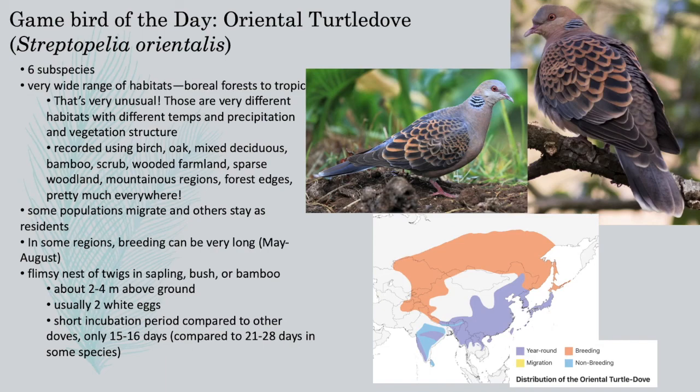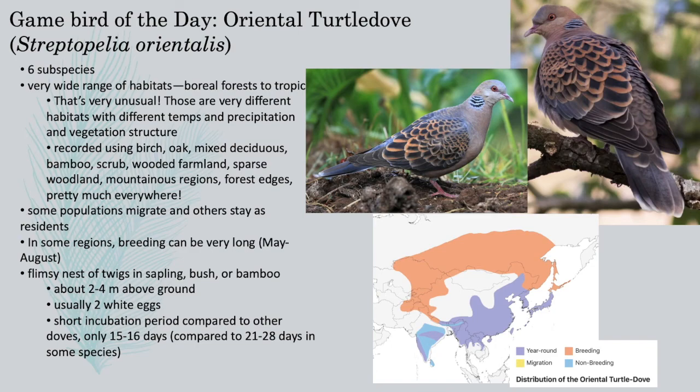They've been recorded using everything from birch trees to oak to mixed deciduous, bamboo, scrub habitats, which is sort of shrubby, wooded farmland, sparse woodland, mountainous regions, and forest edges. They're pretty much everywhere. They're starting to become more adapted to urban settings as development continues. Some populations migrate and others stay as year-round residents, which you can see in the distribution map on the lower right of your screen. In some regions, their breeding season is really long, May through August.